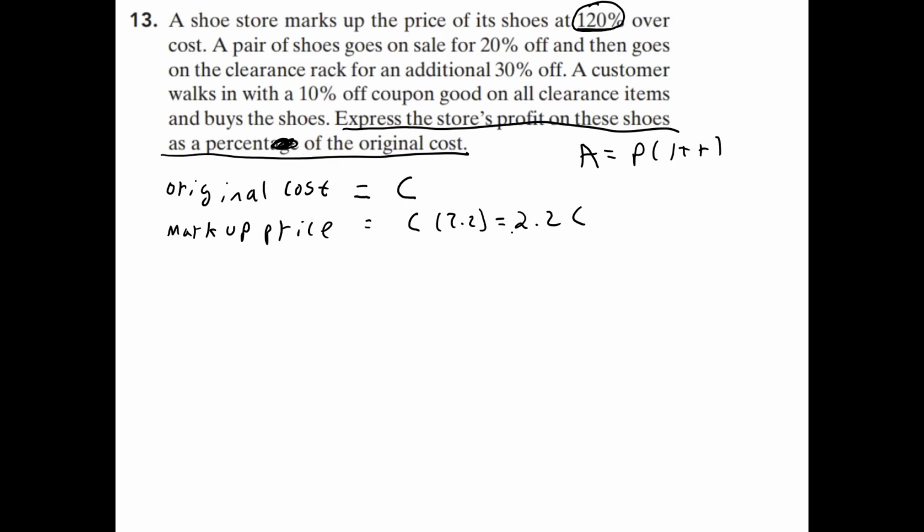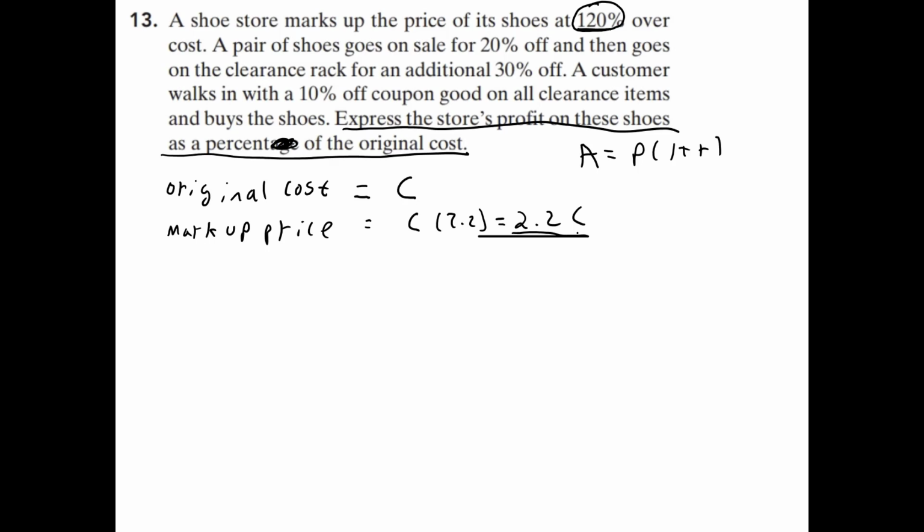And so now this is the price we're dealing with. If we had bought it for $100, then 2.2 times 100 would be $220. We would sell it for $220, and that would make up a 120% over cost price.